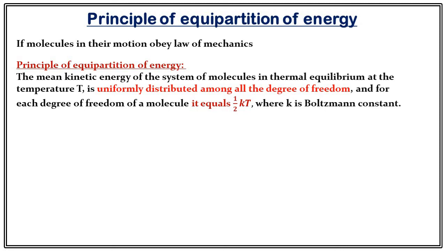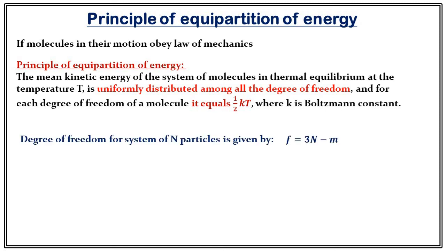Suppose your system needs F number of degrees of freedom to specify its position and configuration, then the kinetic energy of the system will be equally distributed among all the degrees of freedom, and each degree of freedom will have its share of half kT. Okay, we have just seen the degree of freedom for a system of n particles moving in space in general is given by 3n minus m.